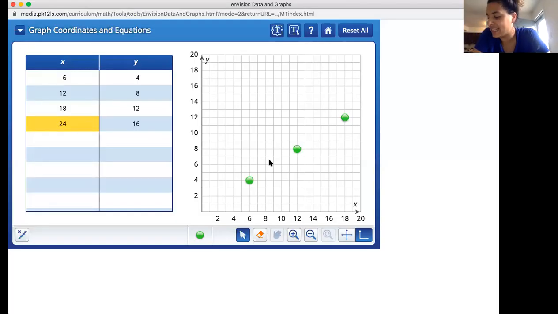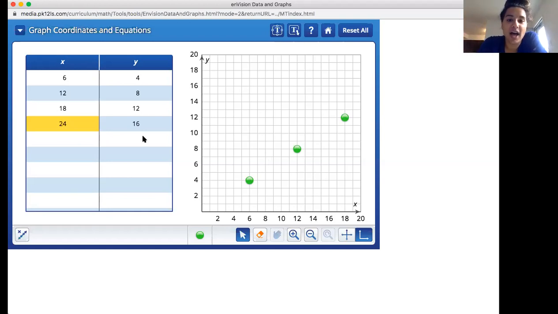So what I was saying is that you could do 6 times 2/3 to get 4. So that means the relationship between the number of regular muffins and the number of jumbo muffins is 2/3 the number of regular muffins, because 6 times 2/3 equals 4. So that is the relationship between the jumbo muffins and the regular muffins, okay?